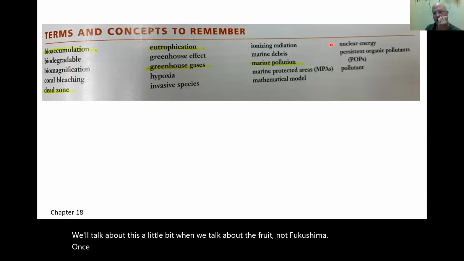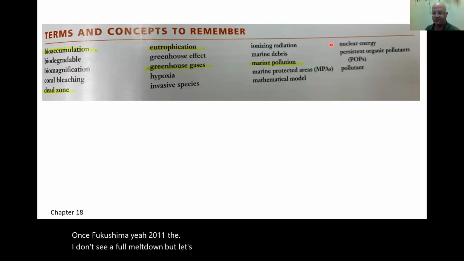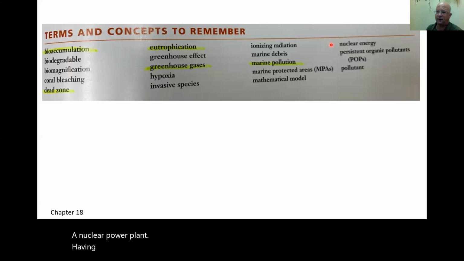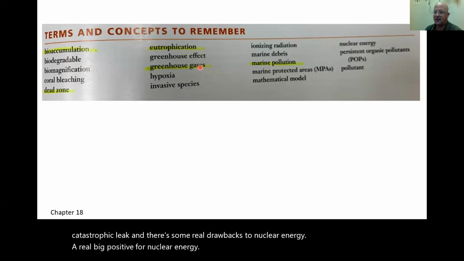In 2011, I don't want to say a full meltdown, but let's say nuclear disaster in Japan, it was a bizarre combination of a tsunami that resulted in a nuclear power plant having a catastrophic leak. And there are some real drawbacks to nuclear energy. A real big positive for nuclear energy is that it does not produce greenhouse gas.